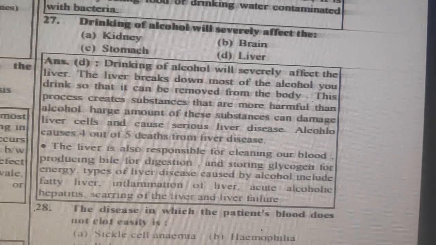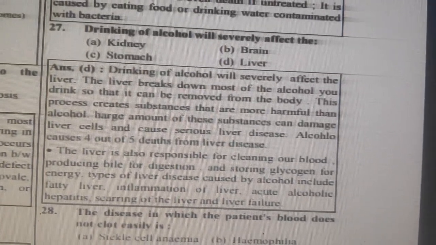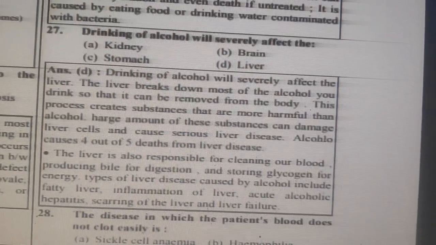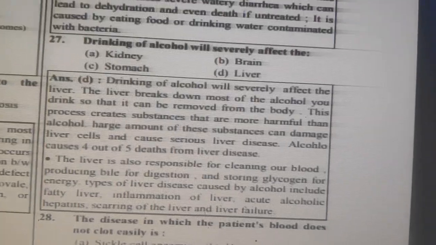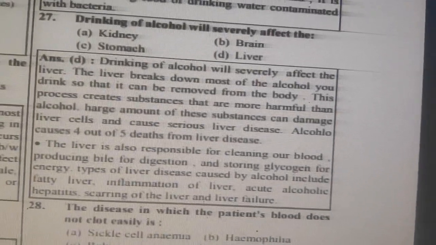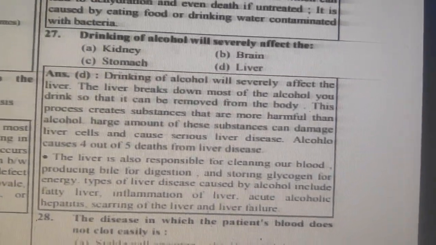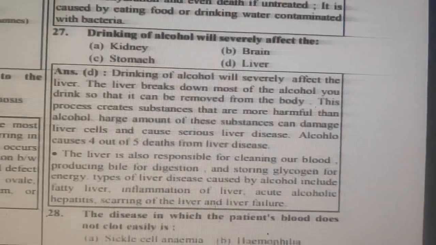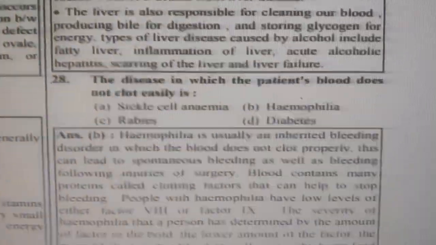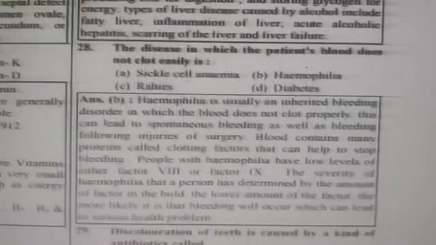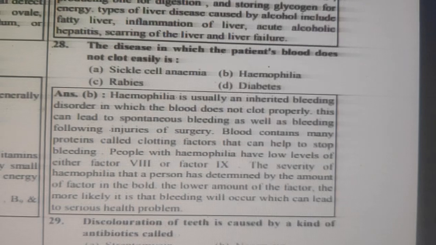The liver is also responsible for cleaning our blood, producing bile for digestion and storing glycogen for energy. Types of liver disease caused by alcohol include fatty liver, inflammation of the liver, acute alcoholic hepatitis, cirrhosis of the liver and liver failure. 28. The disease in which the patient's blood does not clot easily.